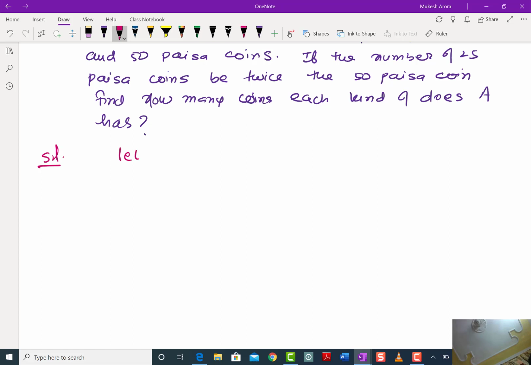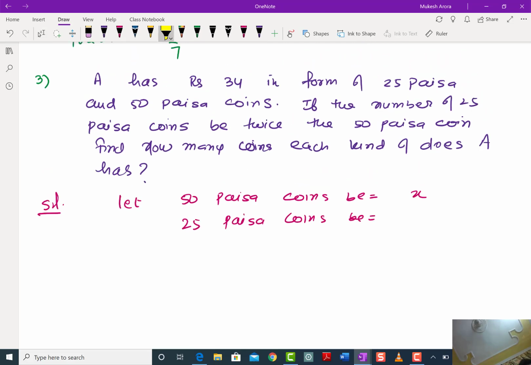Let the 50 paisa coins be x. He says that the 25 paisa coins will be twice the 50 paisa coins, so it will be 2x. The value, if I have x coins of 50 paisa, will be 50 into x, plus 25 into 2x, is equal to 3400.